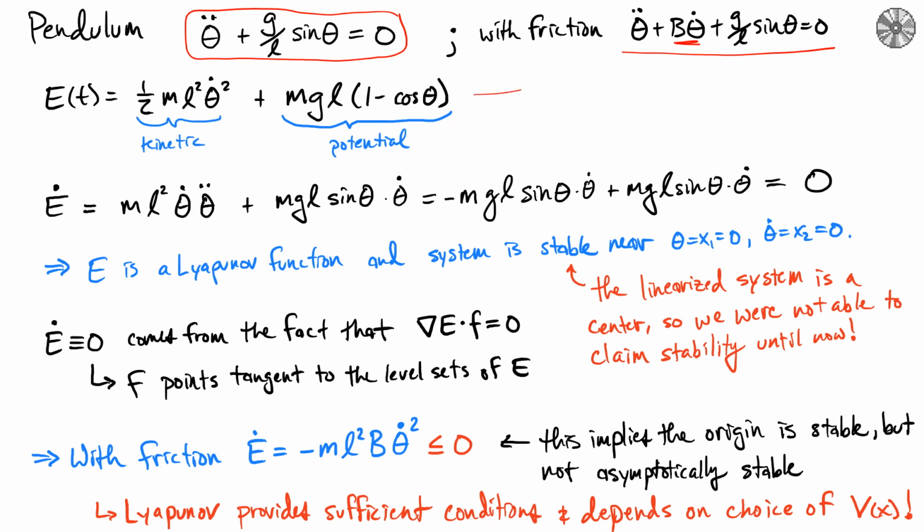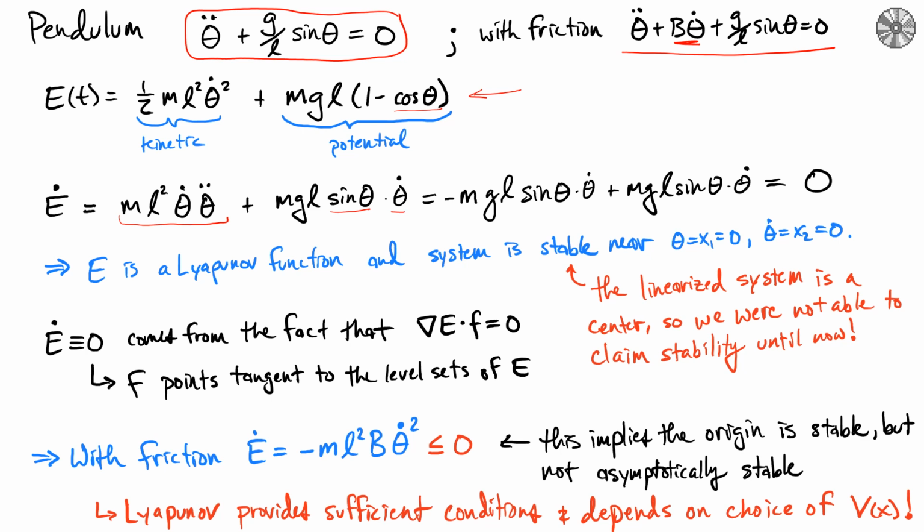If we pick this as our Lyapunov function, we take the time derivative here. L is not time dependent, that's the length of the pendulum. Theta is the only time-dependent quantity, so we get this term by taking the time derivative of the first term, and then we get sine of theta from the cosine theta here, and then we get theta dot.